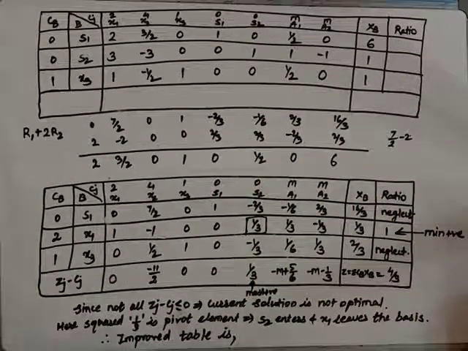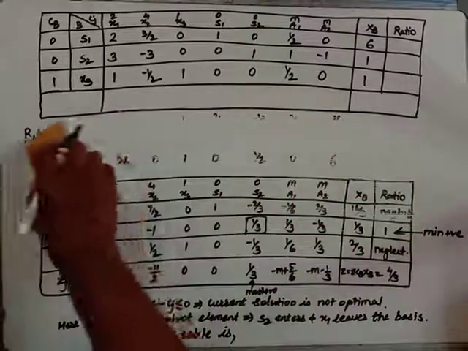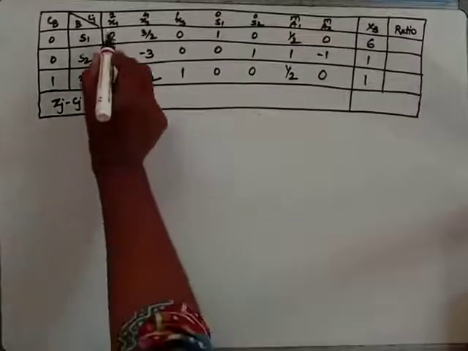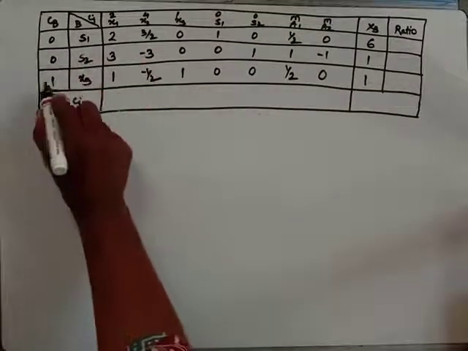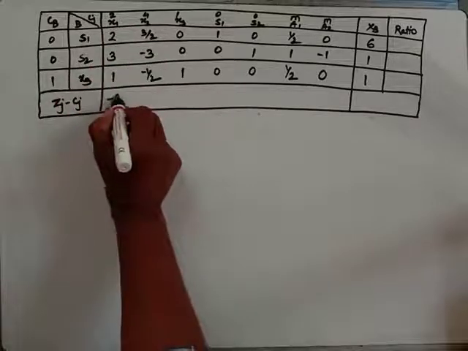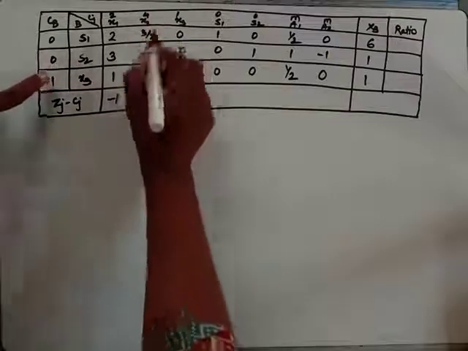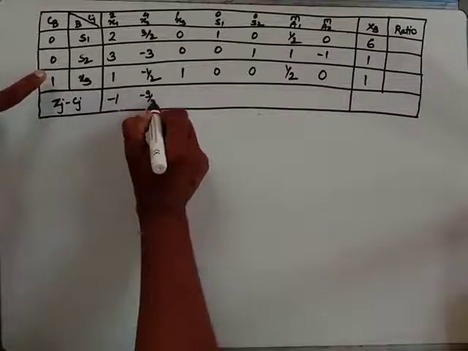Now let us check what are Zj minus Cj for this. Now here Zj minus Cj are 0, 0, 1, 1 minus 2 will be minus 1, 0, 0, minus half, minus 4. So it is minus 9 by 2.